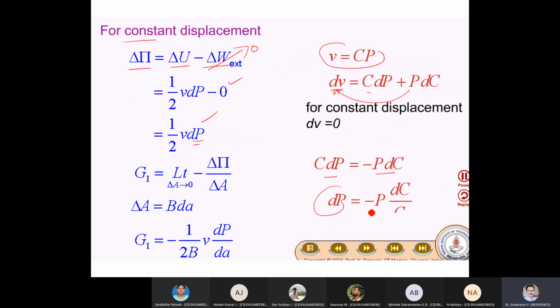So dP is P into dC by C. Okay, just if I put this into this equation, then I take the differentiation, okay, then I will get my G1 energy release rate in the case of constant displacement: 1 by 2b into V into dP by dA. dP by dA. Okay, so dP by dA.